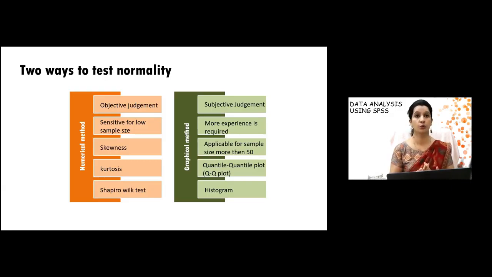There is one way I told you regarding the mean: if the standard deviation is less than 50% of the mean, it follows a normal distribution. The second is the skewness of the data. So you can measure the skewness and kurtosis of the data. And the third is the Shapiro-Wilk test.